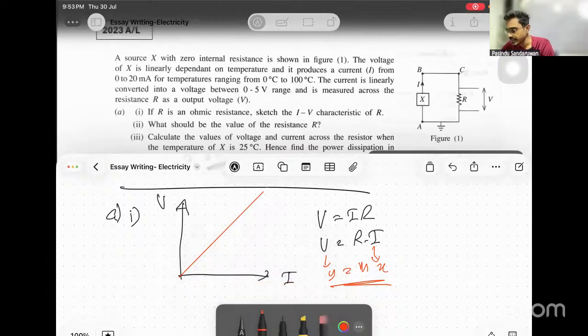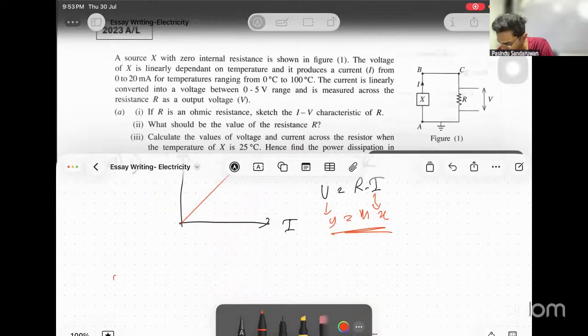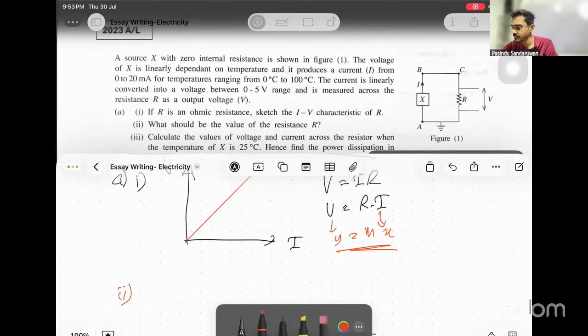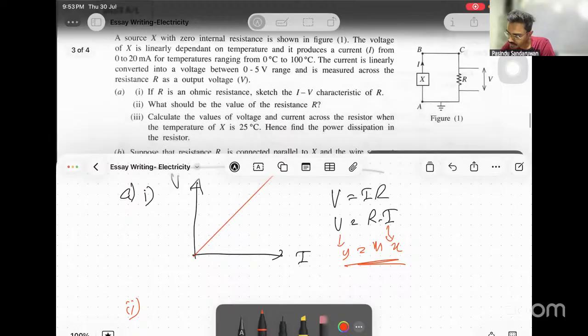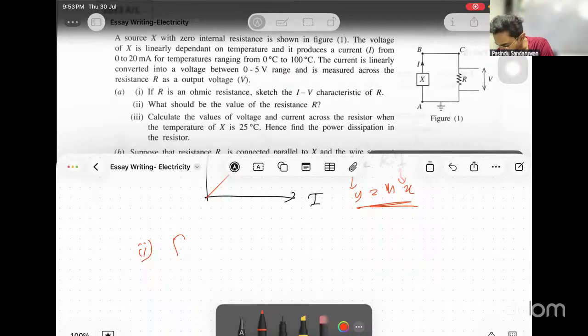Right. Then second one. What should be the value of the resistance R? Okay. Then the maximum current that is going to flow is 20 milliamperes, no? And the maximum voltage is 5 volts. Then for R, delta V equals IR.